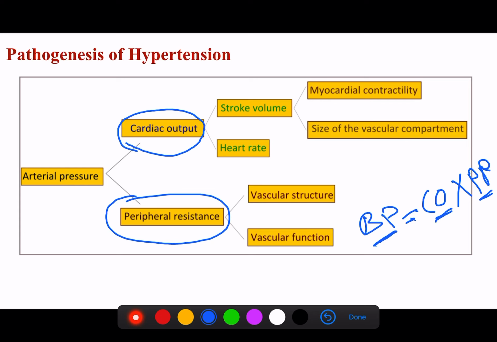When cardiac output increases, the blood pressure increases. When peripheral resistance increases, blood pressure increases. Cardiac output depends on the stroke volume or blood volume and on the heart rate. The peripheral resistance depends on vascular structure and vascular function.